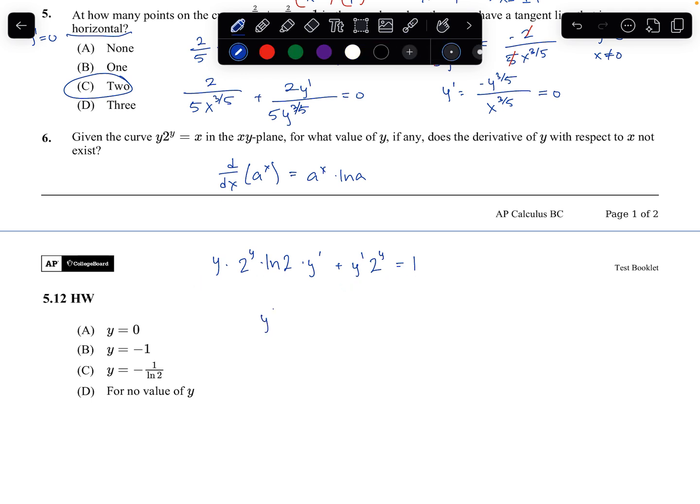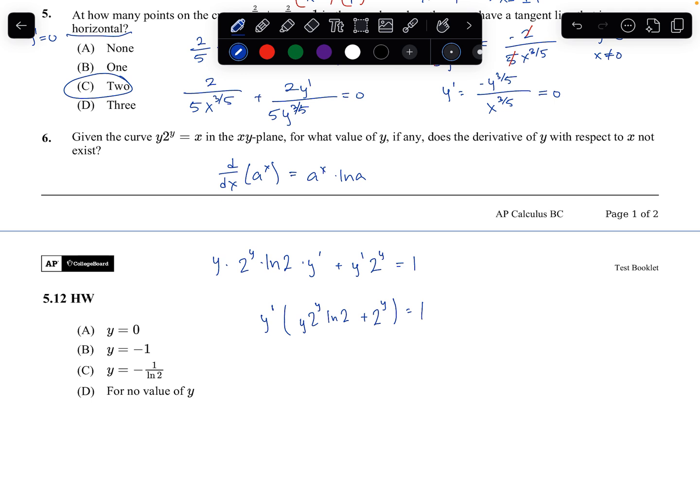So solving for y prime, both terms have a y prime. If I take out y prime, I'm going to be left with y prime times (y 2 to the y, natural log of 2, plus 2 to the y), and all that's going to be equal to 1.